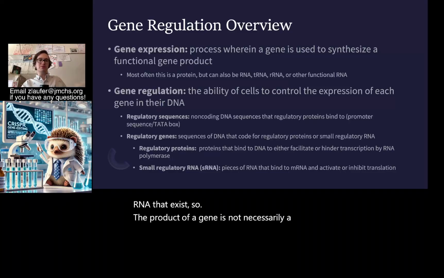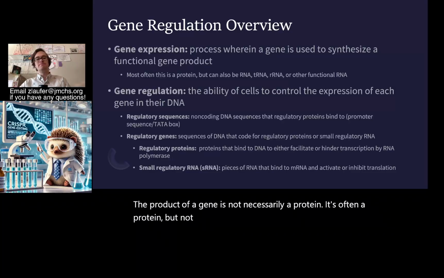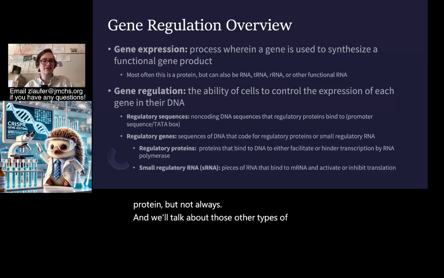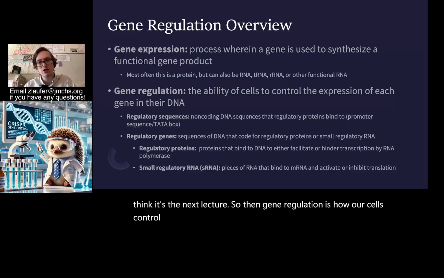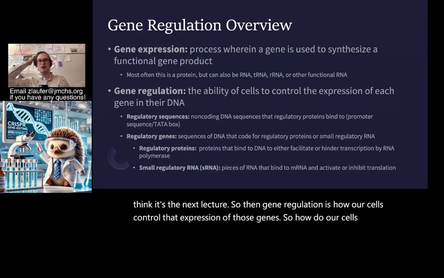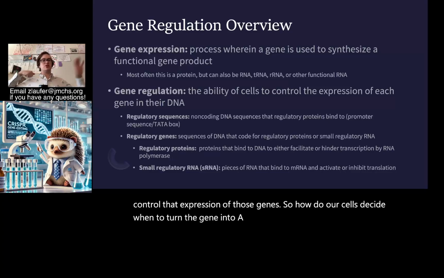It's often a protein, but not always. And we'll talk about those other types of functional RNA a bit in, I think, the next lecture. So then gene regulation is how our cells control that expression of those genes. So how do our cells decide when to turn the gene into a final product versus just leaving it be?